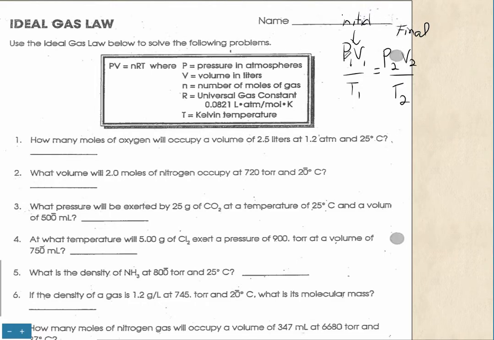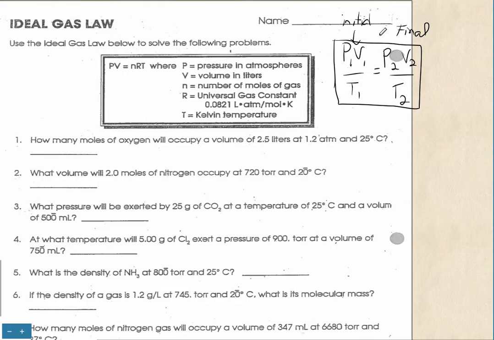So this is what you use if you have two values of one thing. What does that mean? It means you have two pressures or two volumes or two temperatures. And when we use this formula, we just have to make sure that the units are consistent. If you have volume, for example, it could be in milliliters or liters.